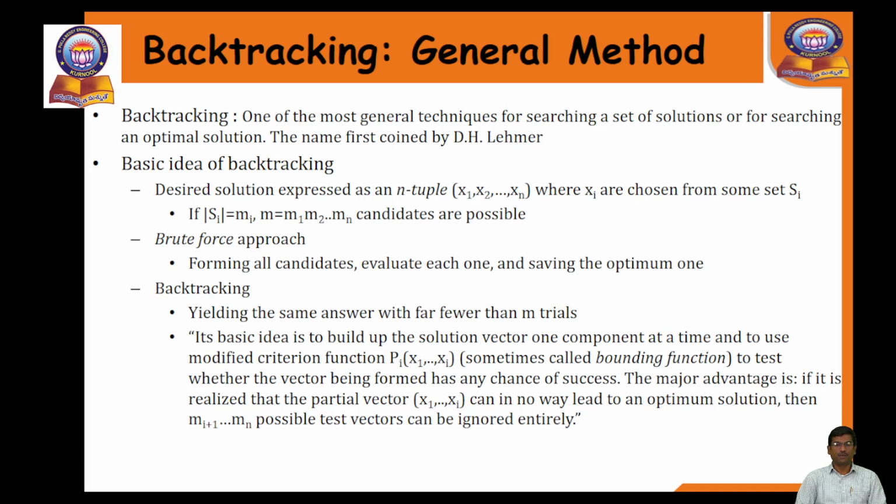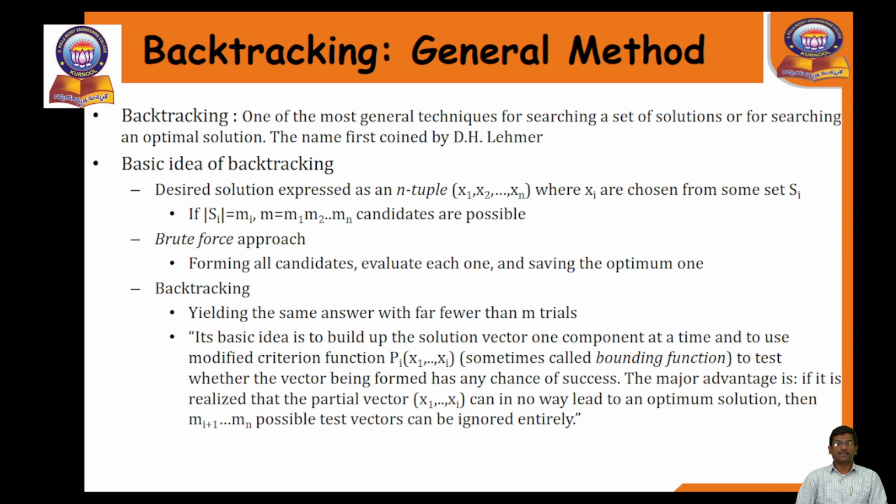Backtracking yields the same answer with far fewer trials than finding all the solutions using the brute force method. We restrict the search such that if you go further ahead, you may not get the solution. In such cases, backtrack and find another path which may lead to the solution.